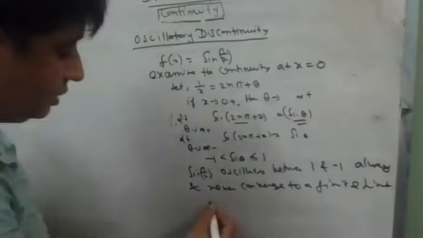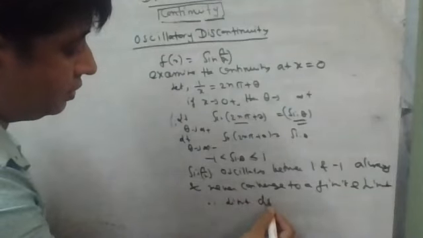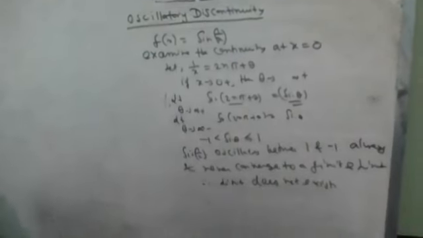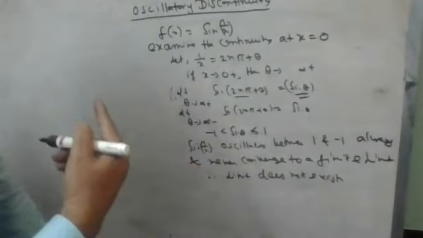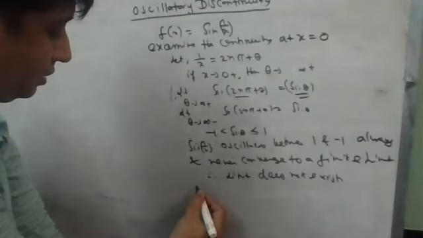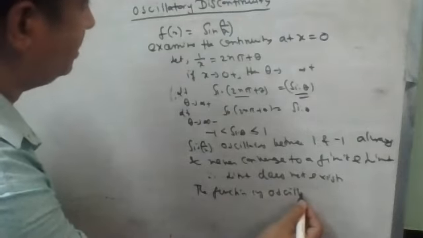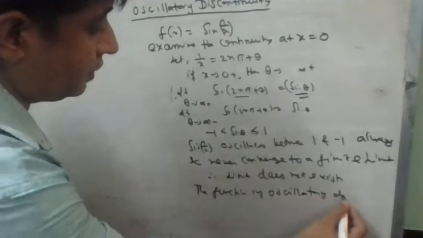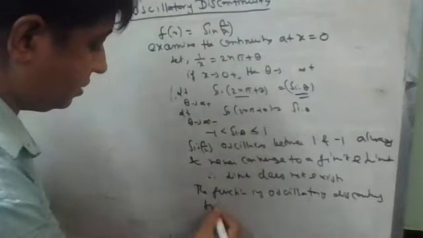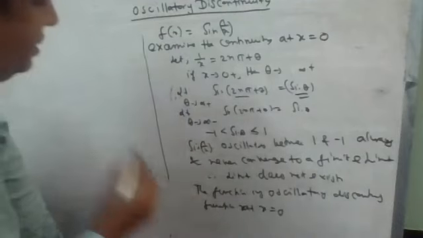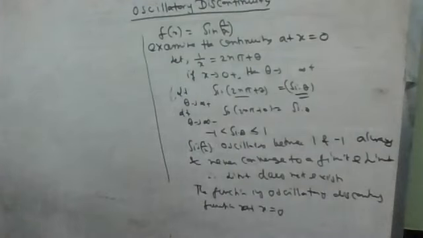So the limit does not exist, and the function is an oscillatory discontinuous function at x is equal to 0. This is another type of non-removable discontinuity, the oscillatory discontinuous function.